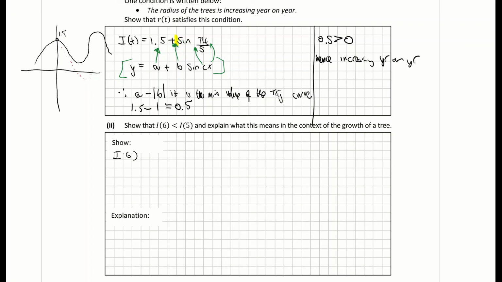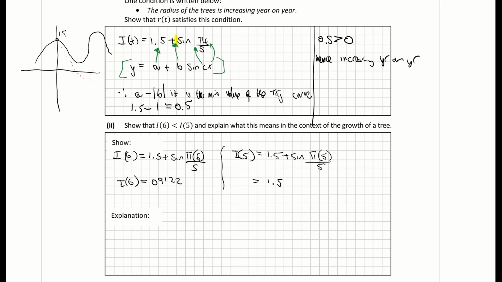I6 is equal to 1.5 plus sine of pi times 6 over 5, which on my calculator is giving me 0.9122. Going to do the same steps for I5, which is 1.5 plus sine of pi times 5 all over 5, which is giving me 1.5.